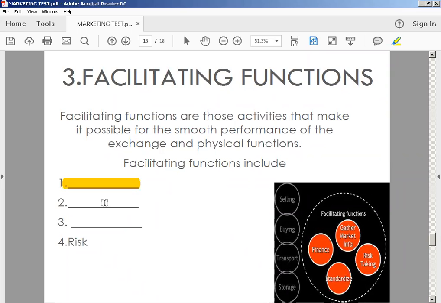You have to write down the names. Three fill in the blanks over here, and one I have mentioned, the risk factor, and you have to write down the three by yourself. All the tricks are already given in the MCQs, so you can find the answers there.